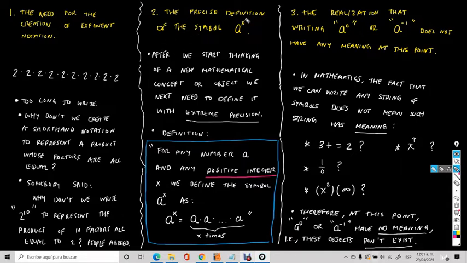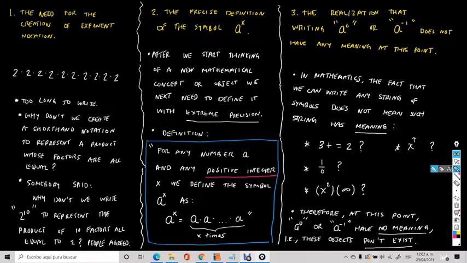The precise definition of the symbol a to the x. So after we start thinking of a new mathematical concept or object, we next need to define it with extreme precision, guys. In here, these were the first steps towards the concept of exponent and base. At this point, people were making tiny steps towards the formalization of a concept.